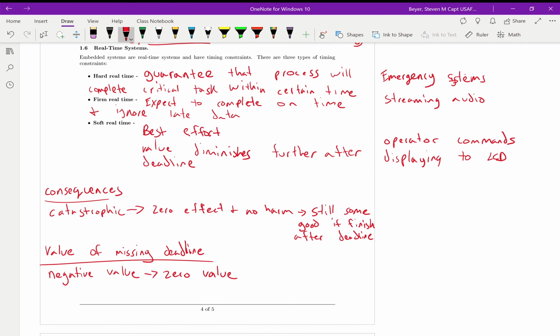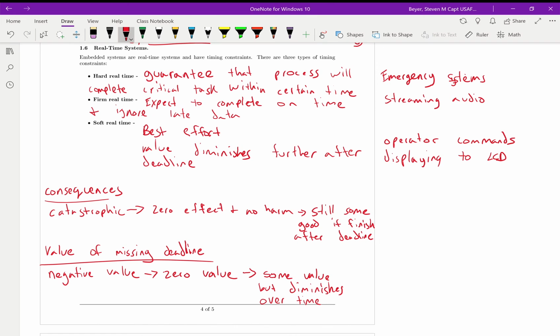So that's no consequences really, unless you're really, really late. And over time, the value of missing it is some value, but diminishes over time. So those are our 3 timing constraints.